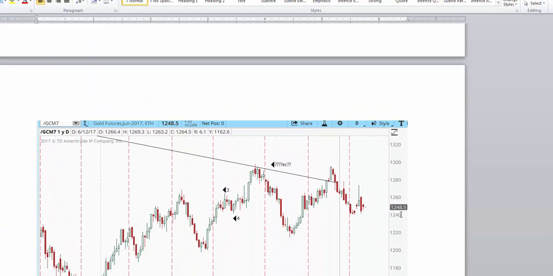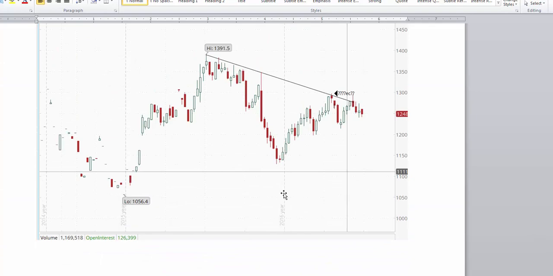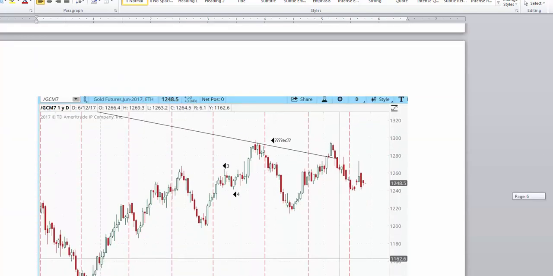Now, this is what it looked like on the daily. 5, 4, 3, 2, 1. Right? Now, remember, what's interesting about this here is this weekly chart also has different ones, but it has the 5-point reversal. Okay? So this guy wound up going down.